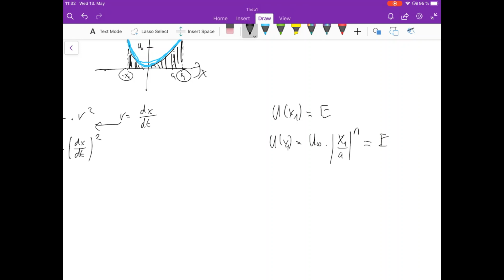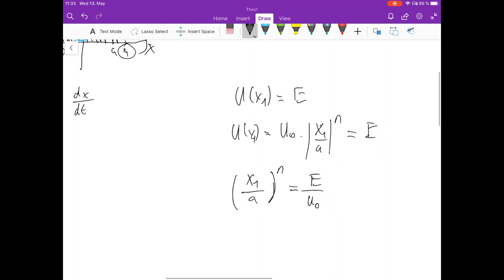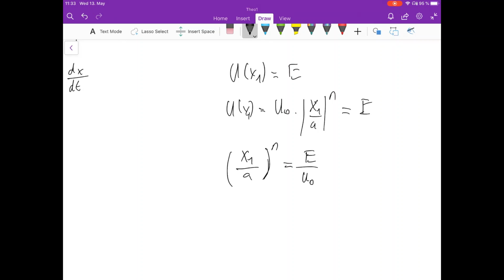Because x1 and a are positive, I can just drop the absolute value. So x1 divided by a to the power n is going to be equal to E divided by u null.